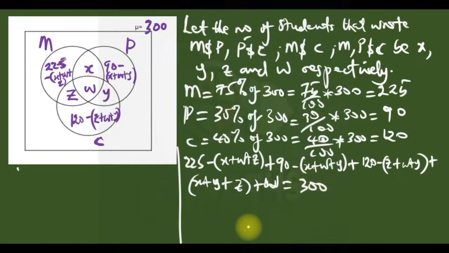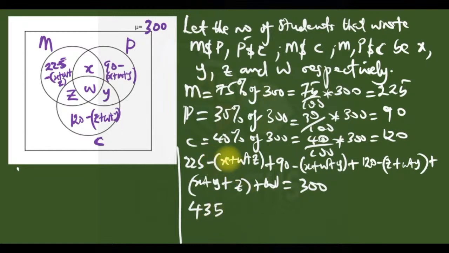So let's now find their sum. So we have 225 plus this 210. 210 is 435.